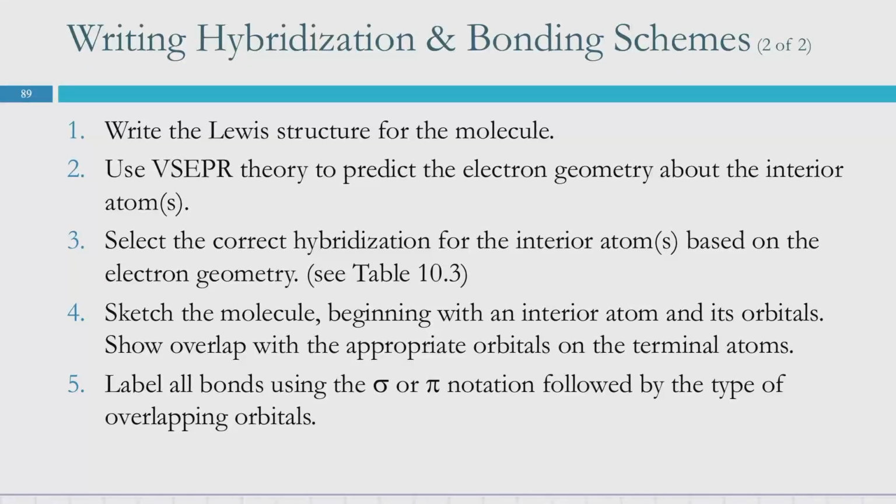So if we want to do hybridization and bonding schemes, first step, we need a Lewis structure for the molecule, so we know how many electron groups are on the central atom.